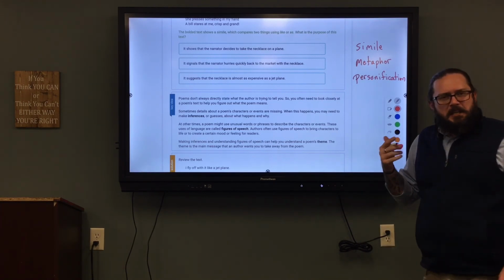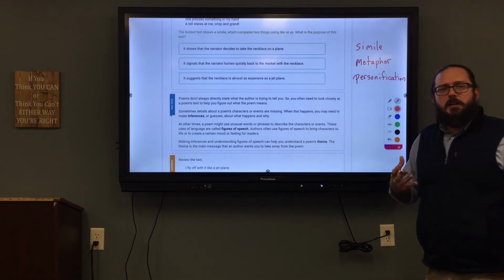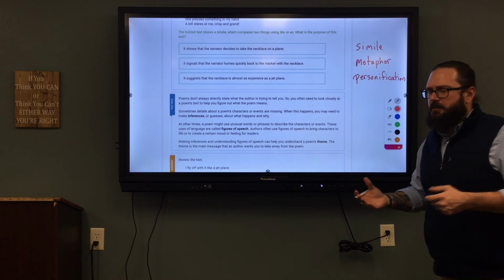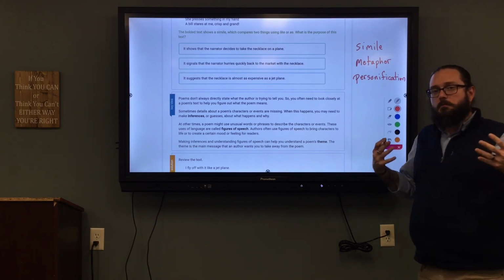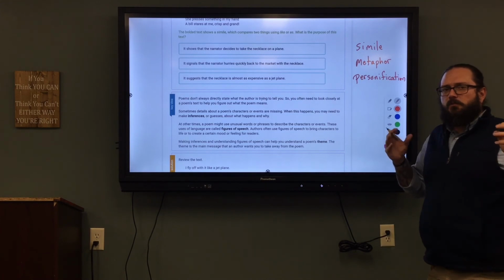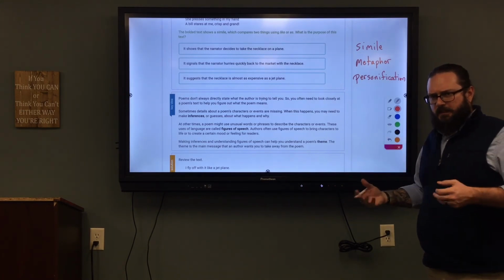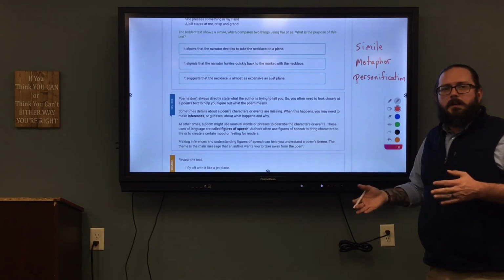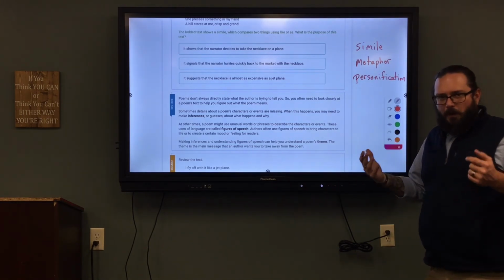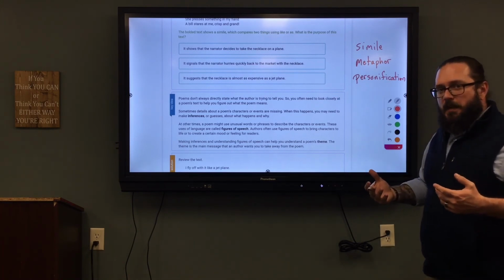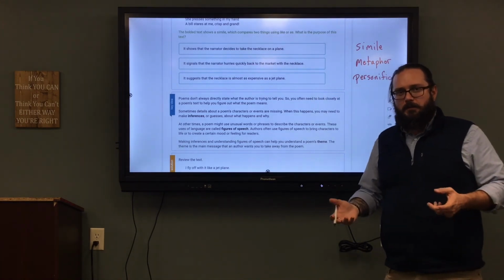Simile is making a comparison between two different things using like or as. Metaphor is also making a comparison, but it's a little bit more of a direct comparison of two unlike things. Anytime that you see a metaphor, it doesn't use like or as. For example, with a simile, I am as hungry as a horse.